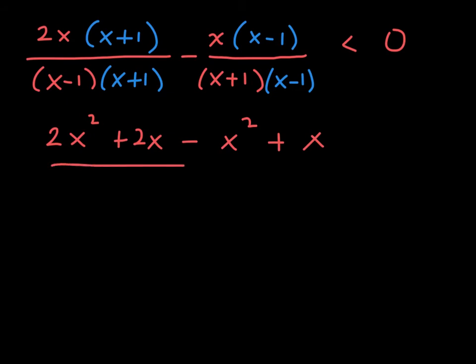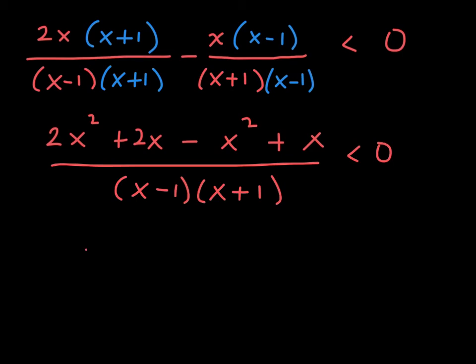And all of this now is over the LCD, and this is less than 0. Now, combining like terms in the numerator gives you 1x squared plus 3x over the LCD.